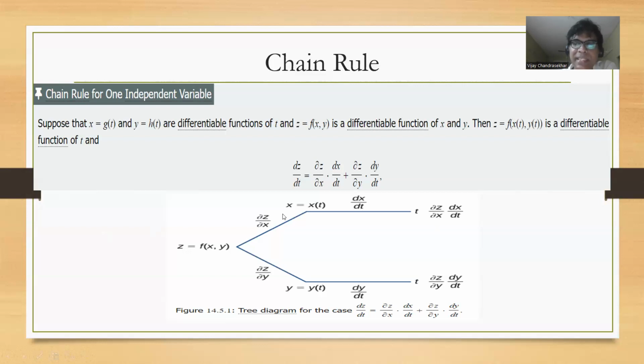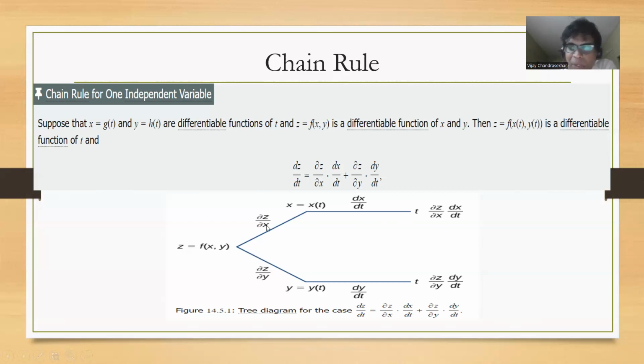Why am I seeing a dou z by dou x, but not a dou x by dou t here? Univariate. Exactly, it's univariate. You see that? Look at this, folks. X is g of t, that's it. Right? It's just one variable there. So you don't need a dou, which is why you don't see a dou. It's as simple as that.